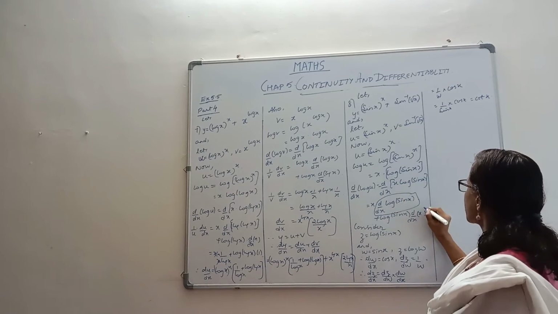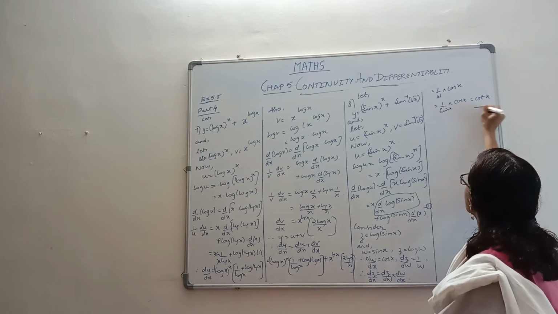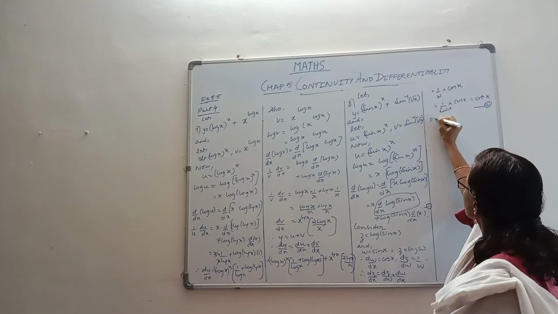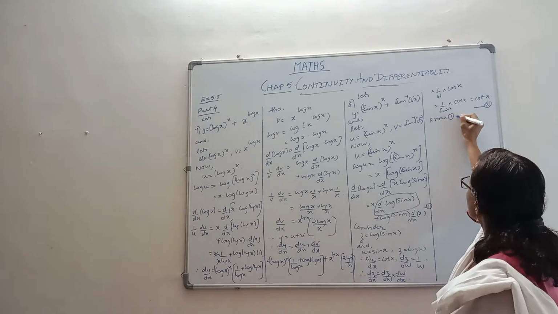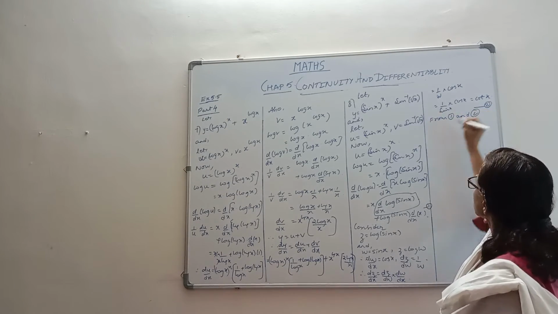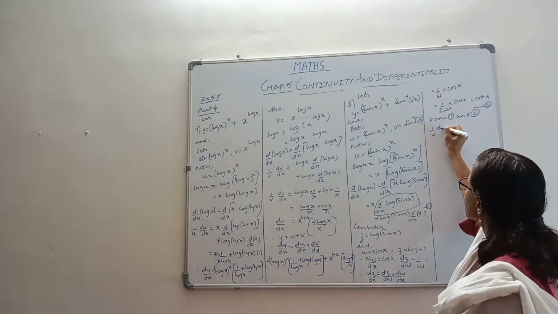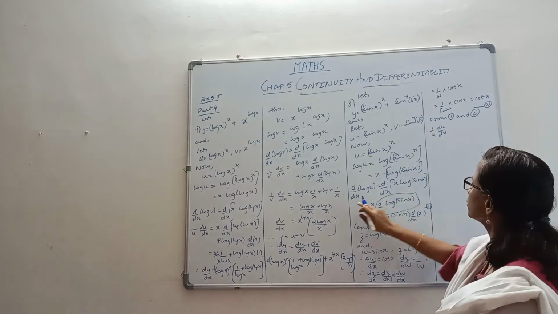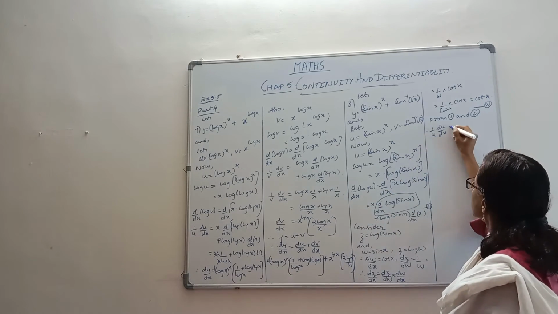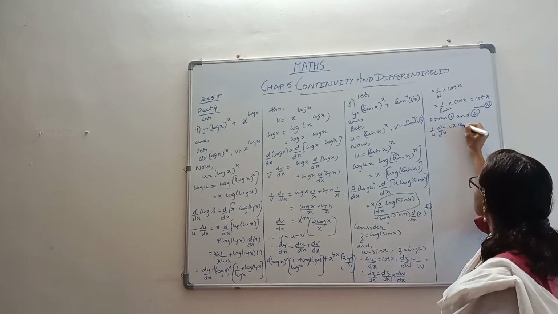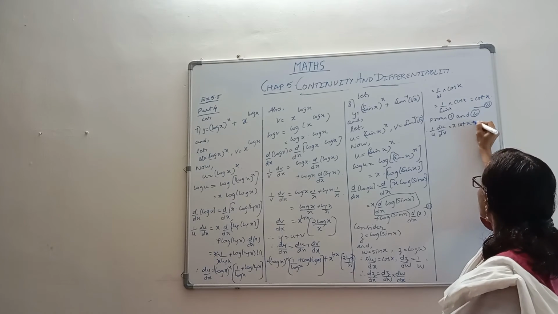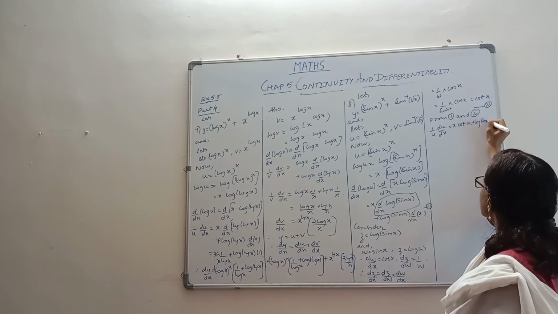So let's revert back from 1 and 2. We have 1 by u du by dx when we take the derivative here, right? And this is x times cot x, log sin x, and the derivative of x is 1.